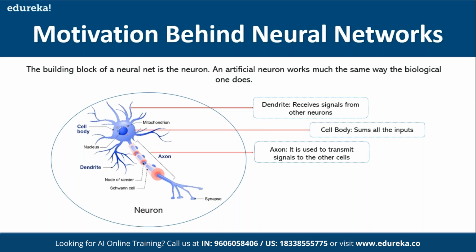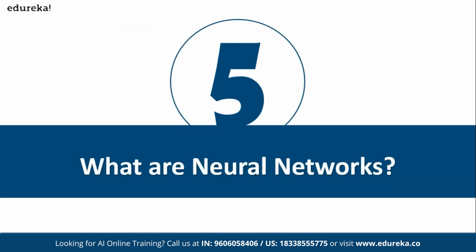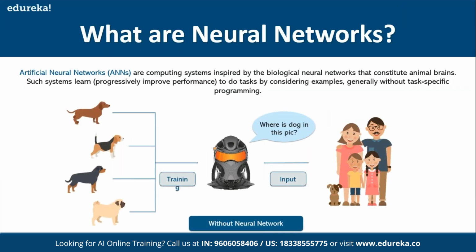If you happen to see, a combination of such neurons becomes a neural network. So, what is a neural network or artificial neural network? It is predominantly called ANN.